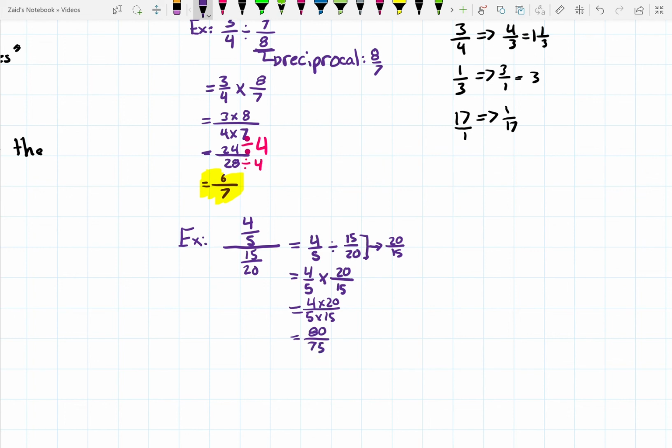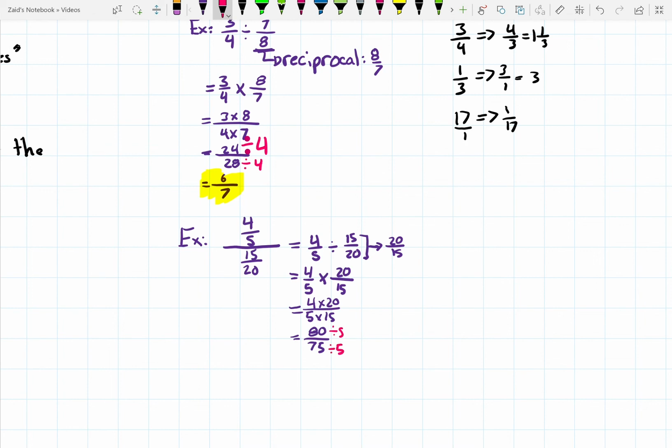And now we could see that this can be simplified. So we would have to find the GCF, and the GCF for this will be, I believe, 5. So let's first try with 5 and see if it could be simplified more after.